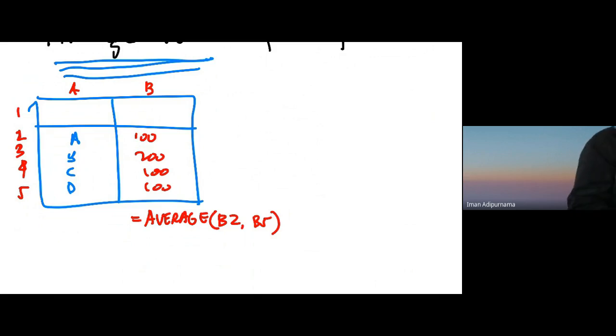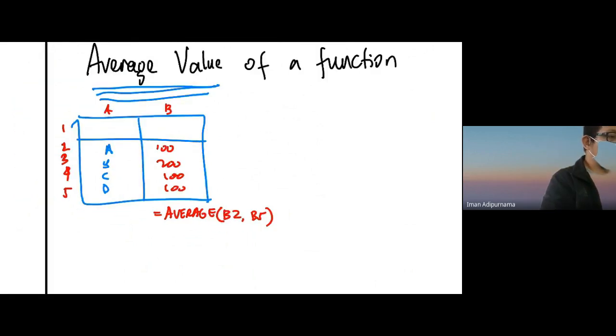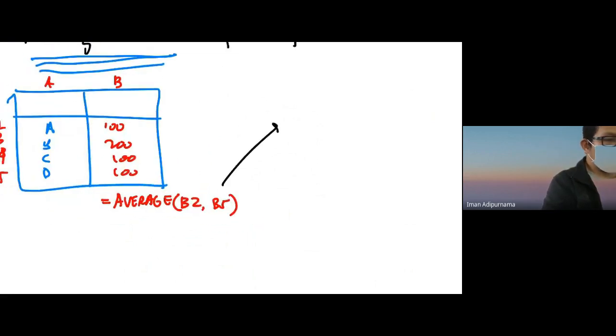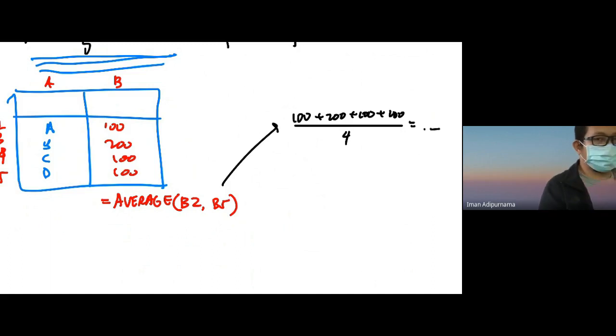That is 100 plus 200 plus 100 plus 100 divided by how many data there are. This is 4, and you get some value.